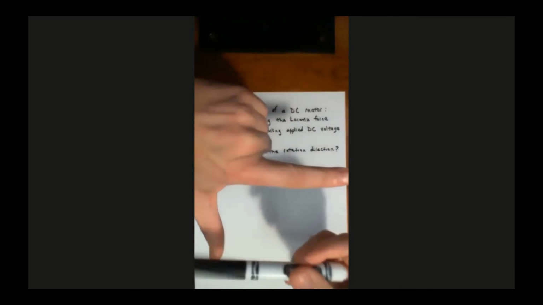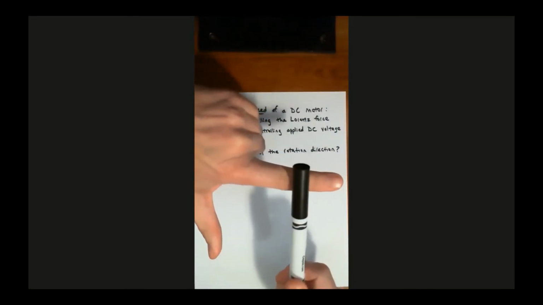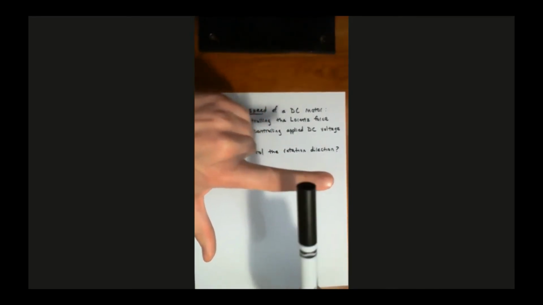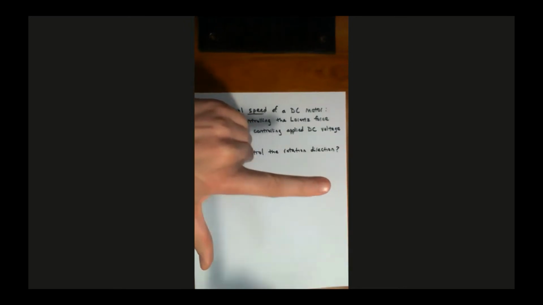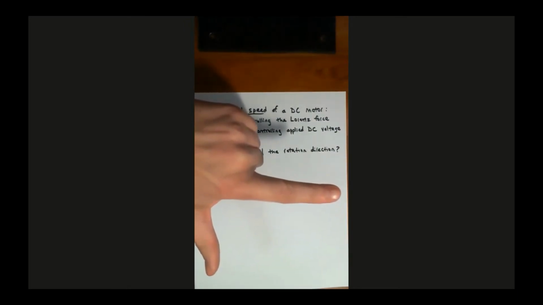Well, if you think about your left-hand rule for motors, you know you've got your Lorentz force is your thumb, and your field is your first finger, and you're probably not going to be switching the field. Probably not. We'll talk more about that a little bit later. But let's say that you're not going to be switching the field. So the way that you're going to switch the rotation direction is by switching the current flow, right?